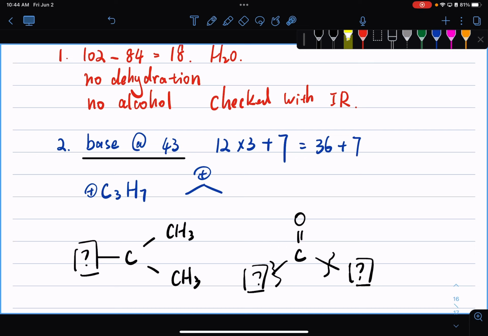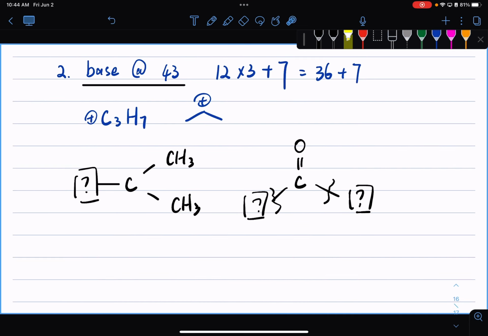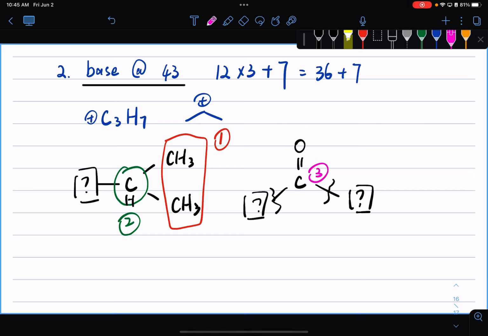In our carbon NMR, we have a total of 4 peaks. So what do those 4 peaks tell us? Well, these two are definitely equivalent to each other. That gives me 1. This one is a CH, by the way. This one is our second type of carbon atom, so that's our 2. My carbonyl carbon is a 3.